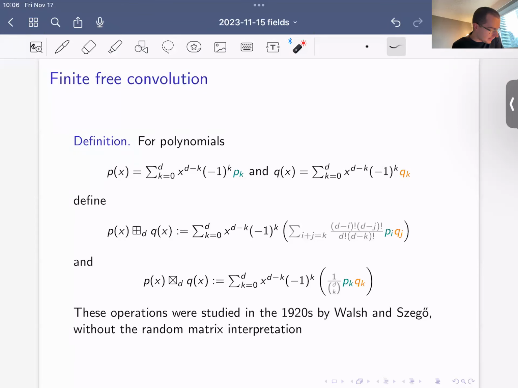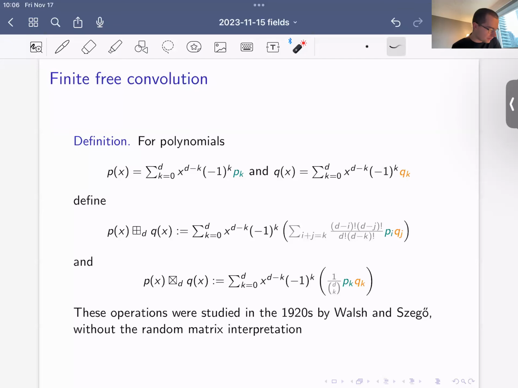They were interested in these because they have nice properties related to preserving real roots. For example, if P and Q are both real rooted, then this polynomial is real rooted. And there's a similar result for multiplication, where if P and Q are both positive rooted, or maybe non-negative rooted, then so is the box times of them.